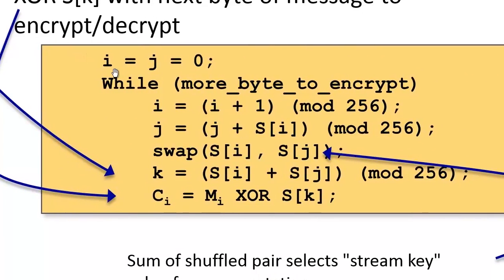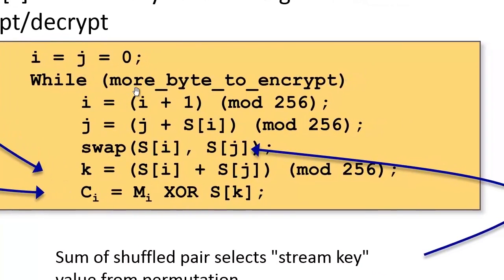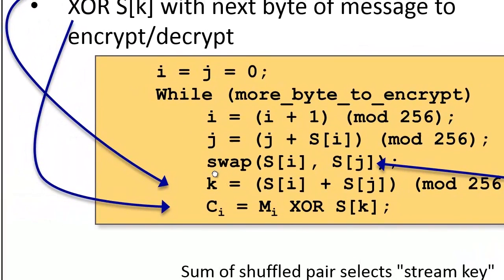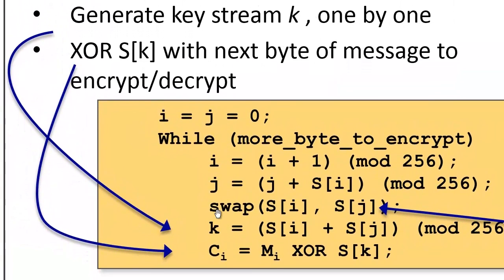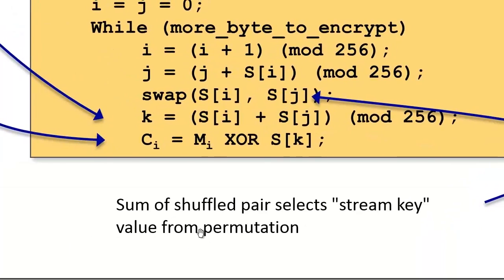Already we know there are 2 pointers, I and J. Suppose there are more bytes to encrypt inside this while loop, where you can see the swapping of S of I comma S of J. This swapping shuffles the pair and selects a stream key value from the permutation.